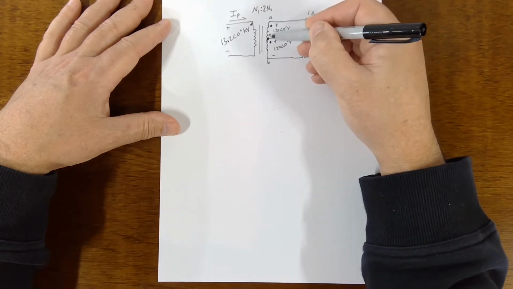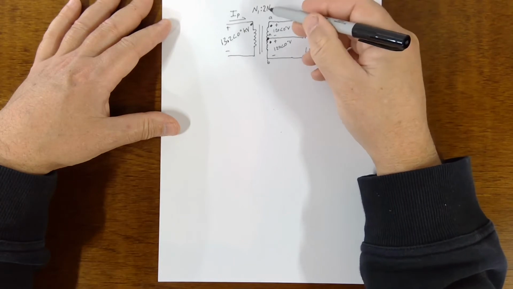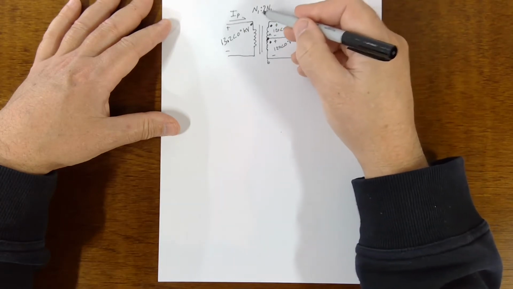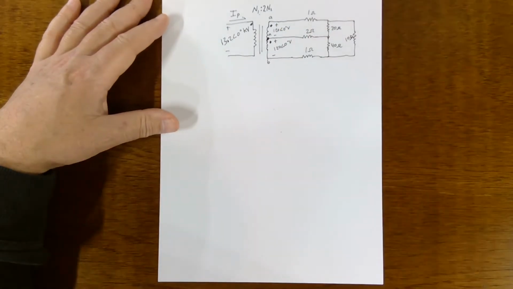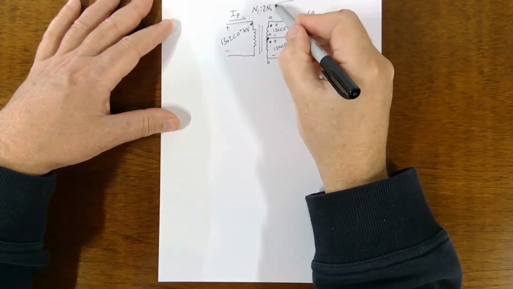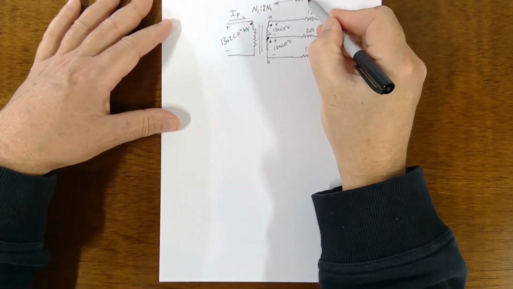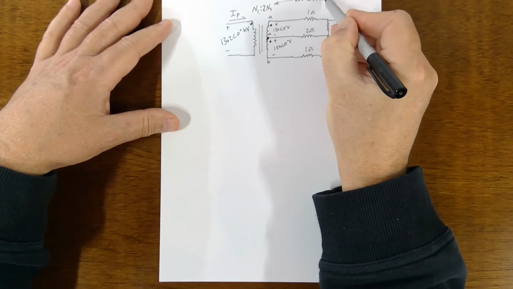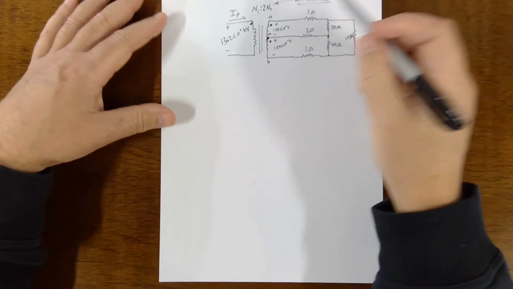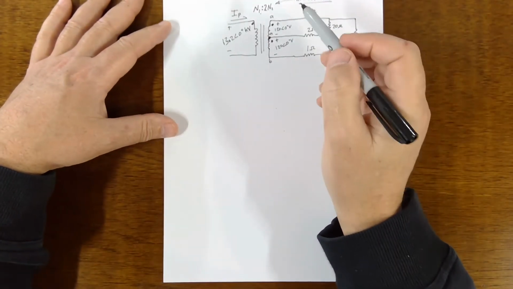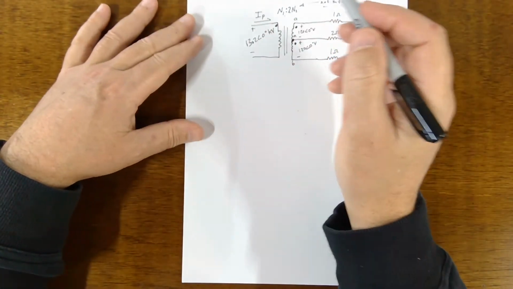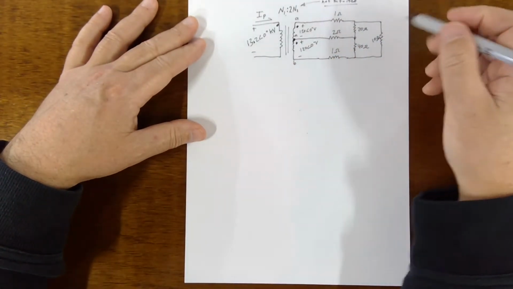So we say half the turns are on this side and half the turns are on that side. So it's n1 to 2n2 with this 2 in there. This is not necessarily intuitive, but that's what it is. So just deal with that.